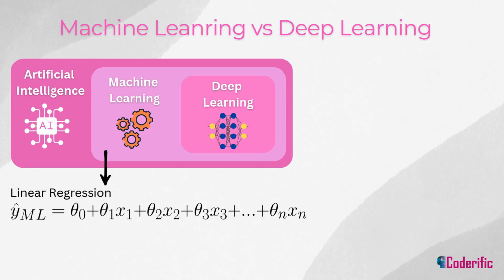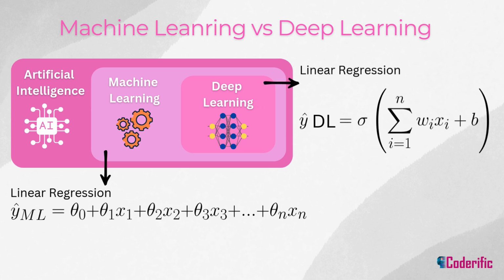Theta 0, theta 1, theta 2 up to theta n are the coefficients learned during training, which show how much each feature contributes to the prediction. This formula gives us a weighted sum of the input features, and the result is the predicted square footage of the house.